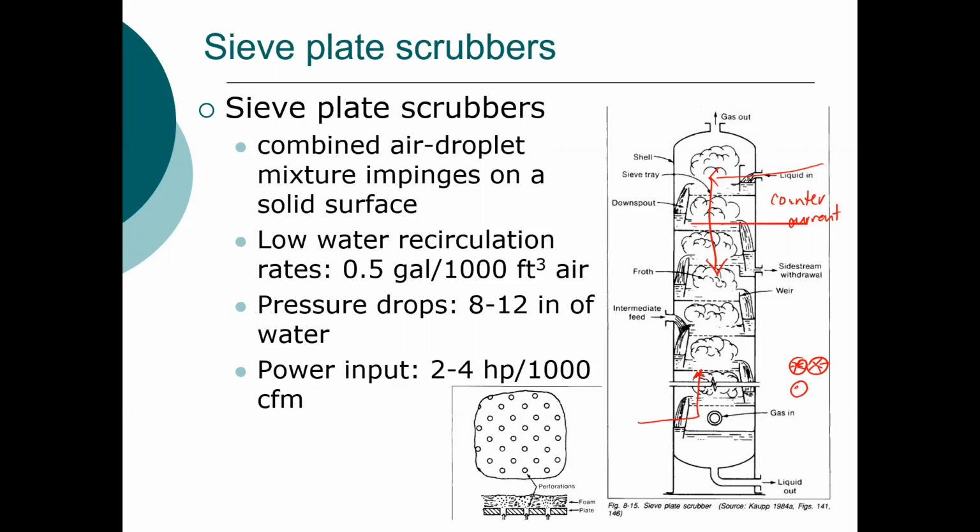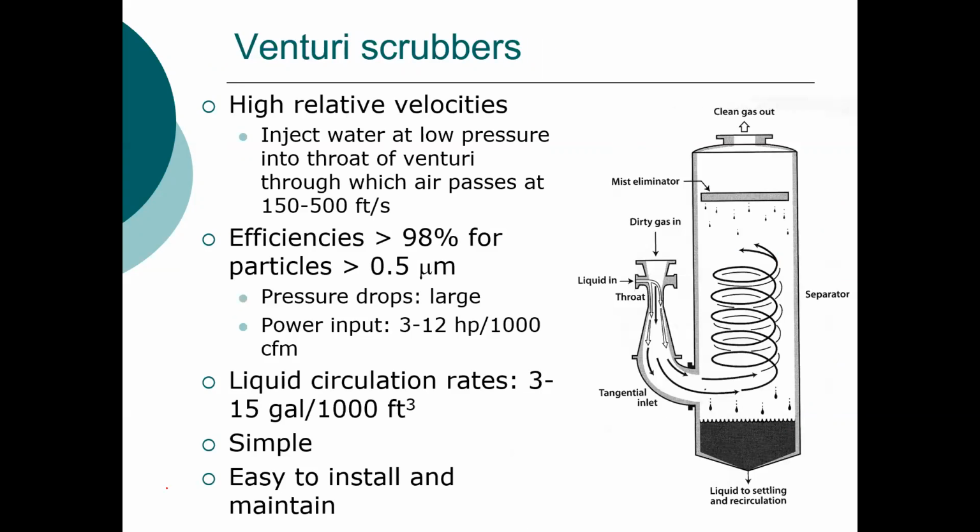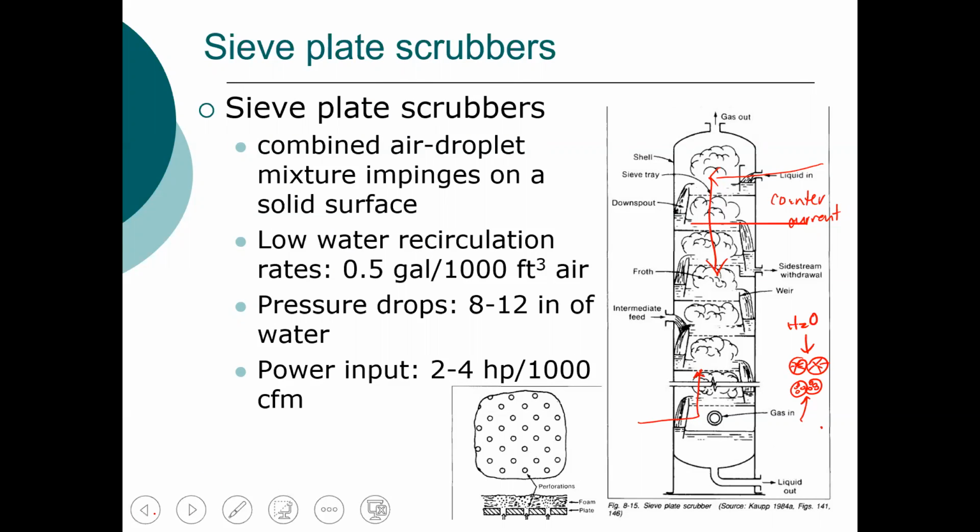What you want is a lot of surface area, and then you've got, again, the gas coming in, you've got water coming down, and gas is moving up. And again, you're trying to ensure good contact.